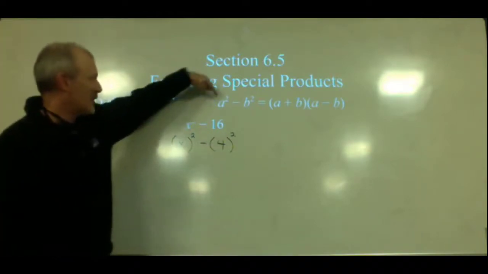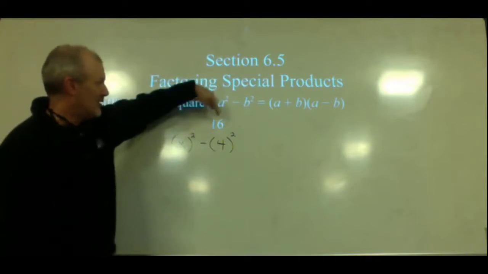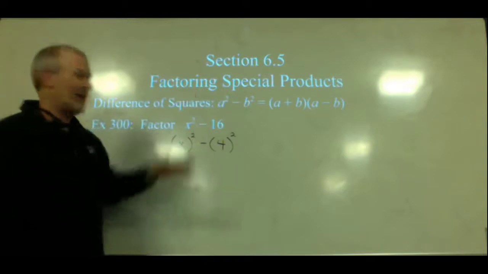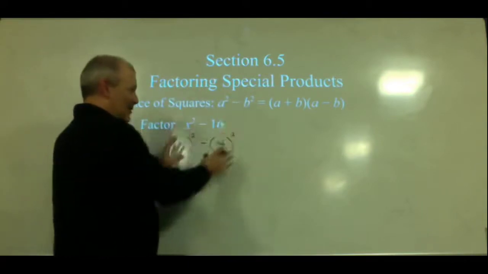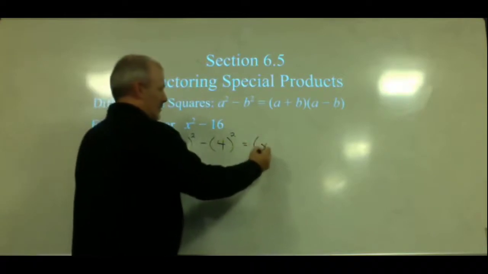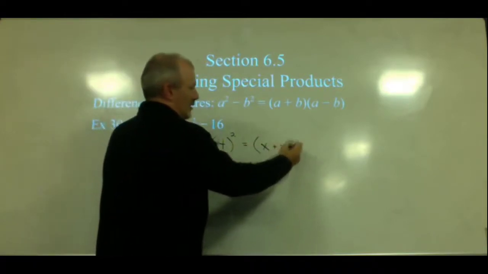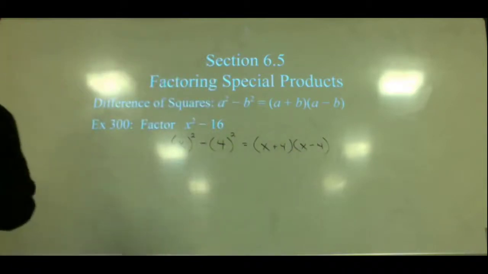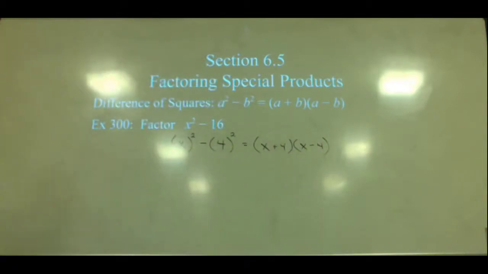You've got something squared minus something else squared, right? And if you recognize this pattern, all you do is write down x plus 4 and x minus 4, and that's it. You're done. But you have to recognize the pattern.